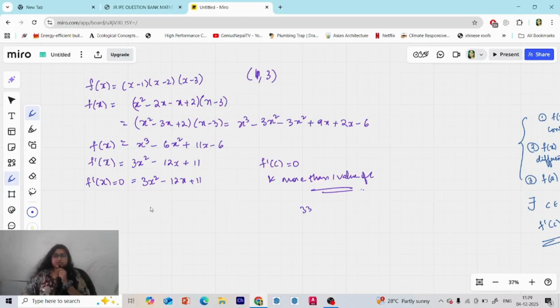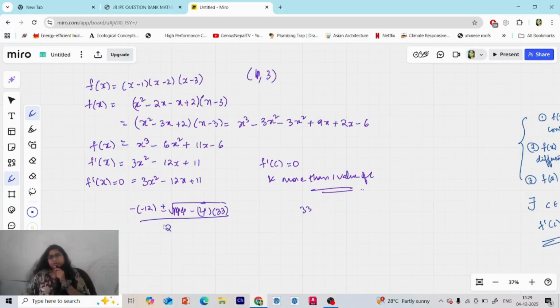Because we can't split the middle term, let's use the formula: minus b plus or minus under root of b square minus 4ac, by 2a. B square is 144.